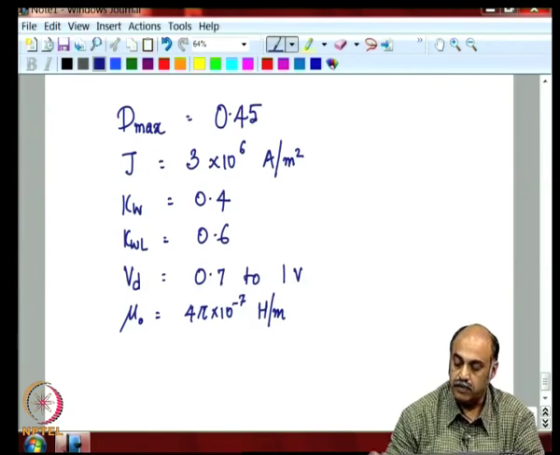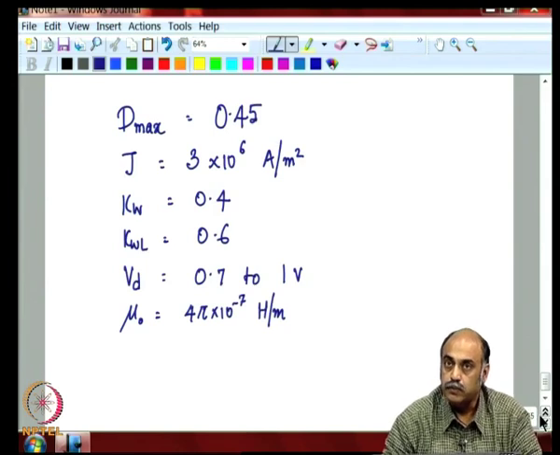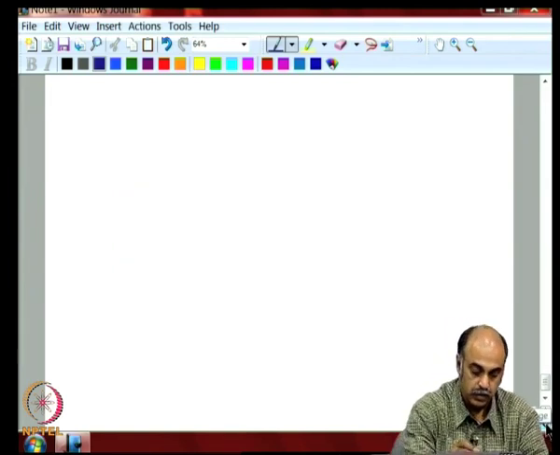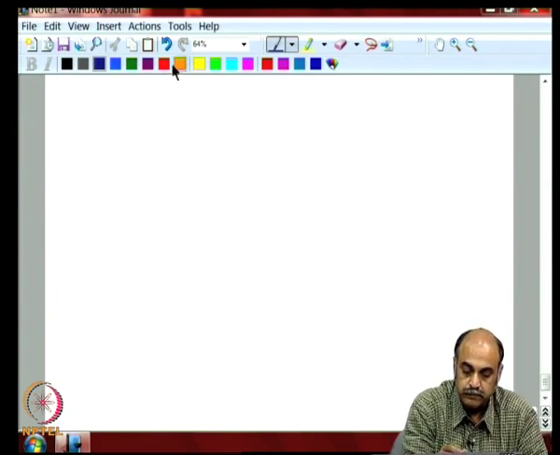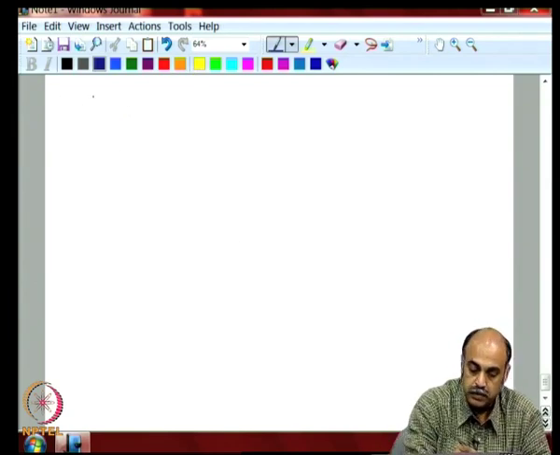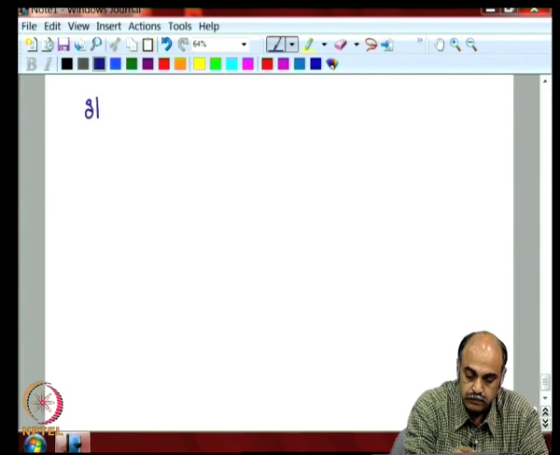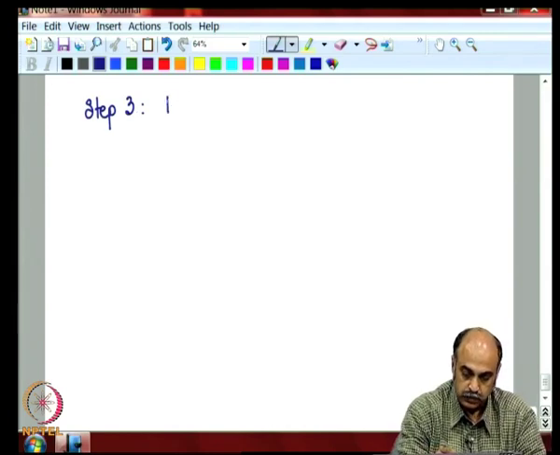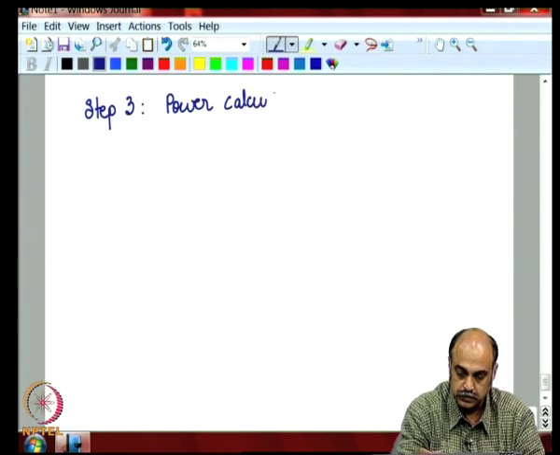Now, with these values, the user spec and the designer spec, you should be able to calculate every component detail. Okay. So, now the calculations. Step 3, we shall do the power calculations first. Power calculations.